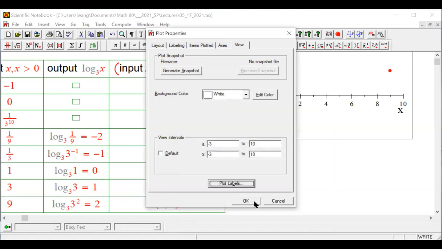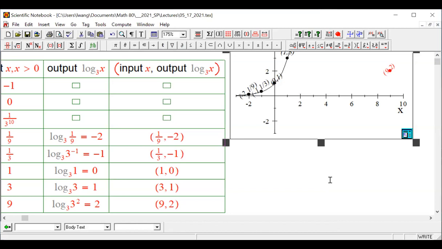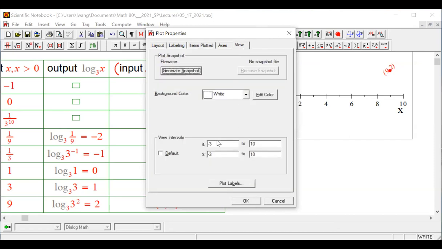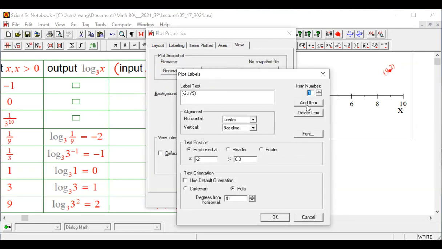Let's see how that looks. There, 9,2. It's not ideal, but you can tell. I'm not going to spend too much time perfecting it. So the next point, 3,1, a red dot. I'm going to mark that point. You see, it's systematically done.